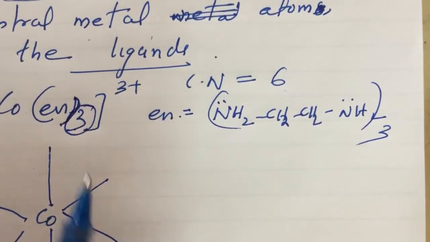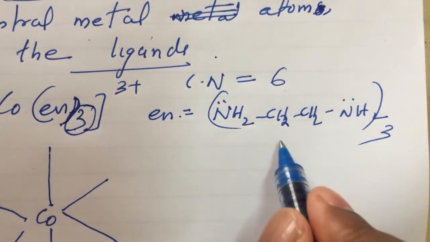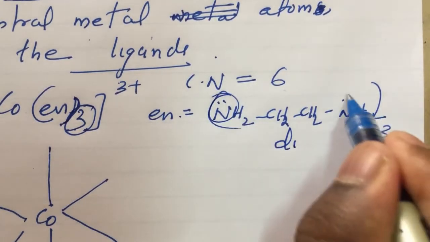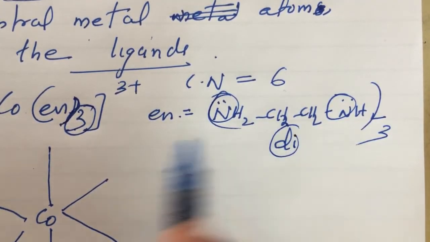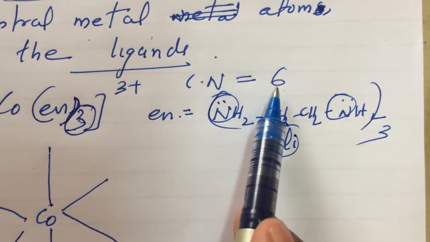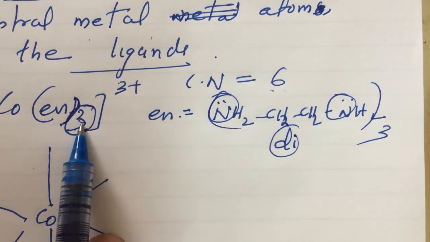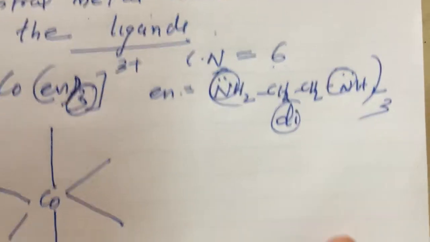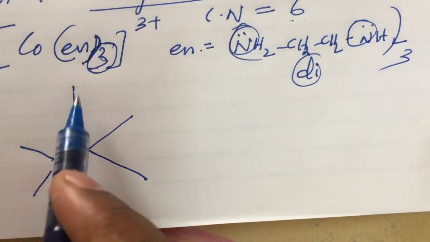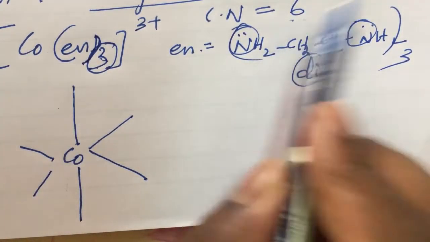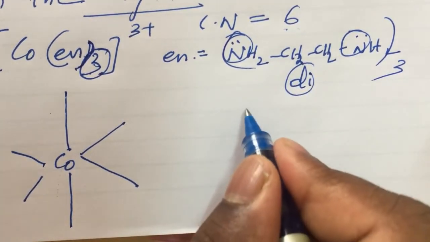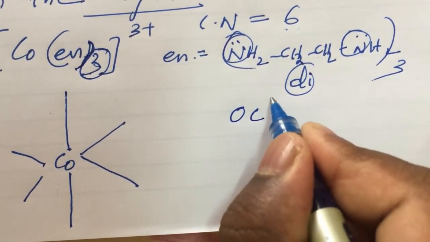If the ligand is didentate, this ligand is didentate because it has two donor atoms. If the ligand is didentate, the coordination number is double. What is the double of 3? 6. And why is it double? You can understand from this structure. If the coordination number is 6, what is the expected structure? The expected spatial arrangement.